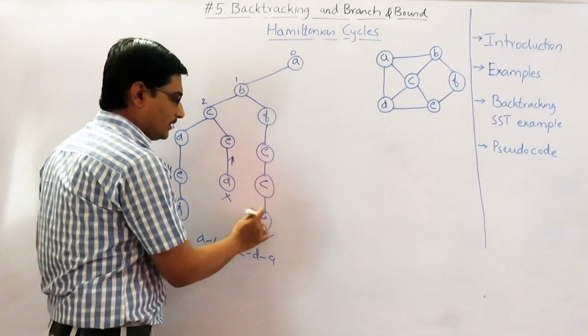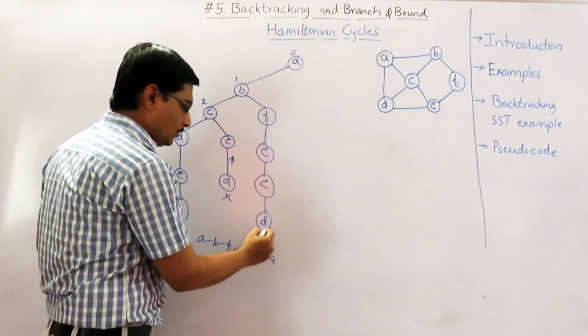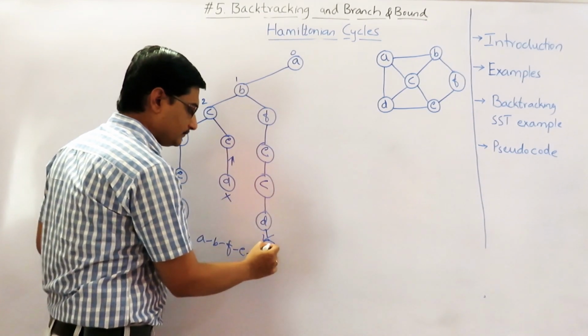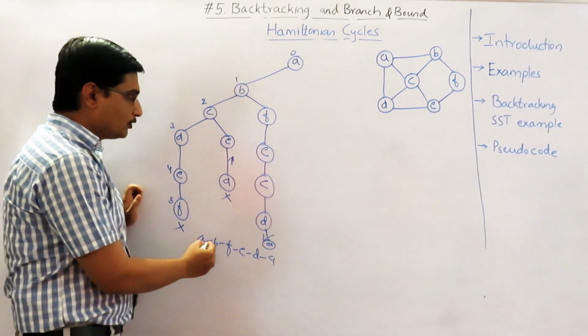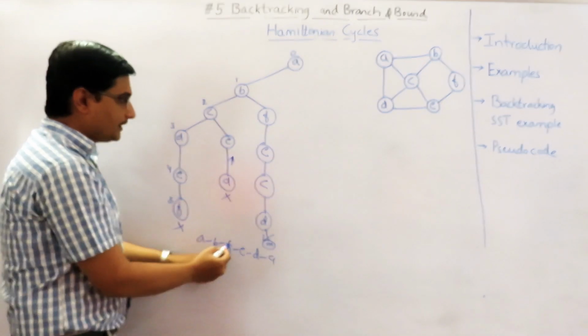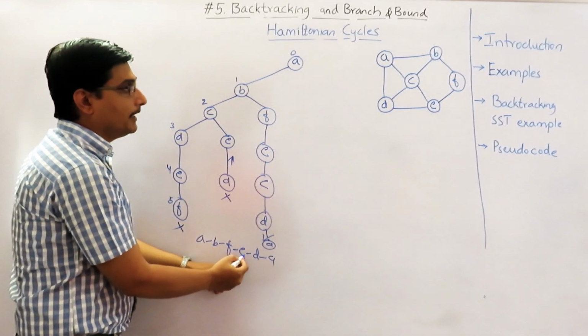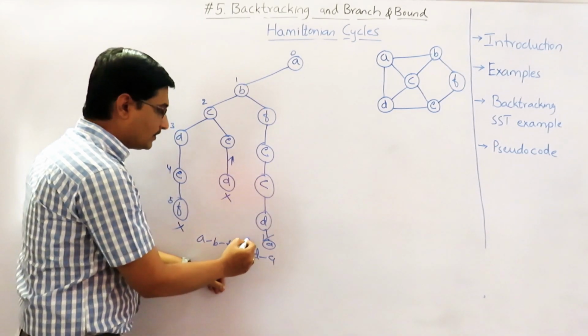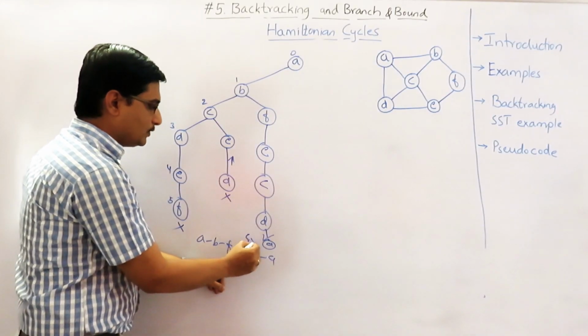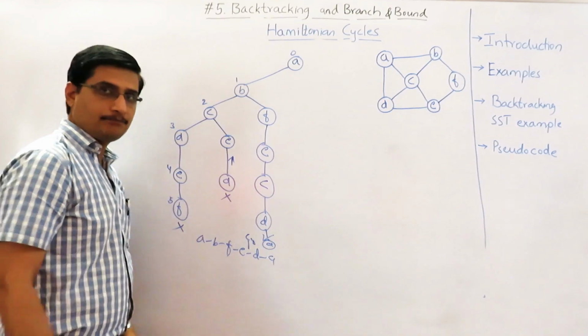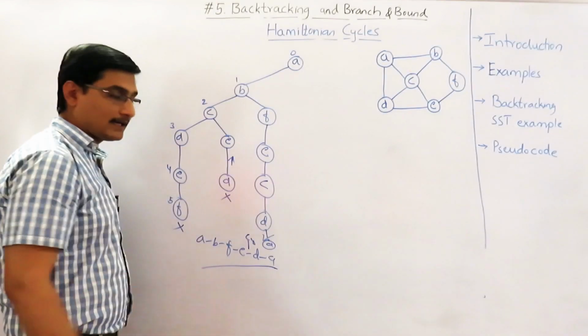C, C to D, D to A. So A to B, B to F, F to E, E to C, C to D, D to A. This is one Hamiltonian cycle we have found.